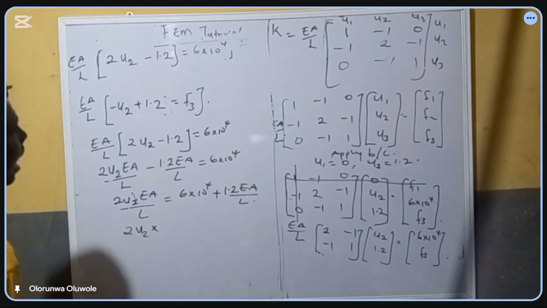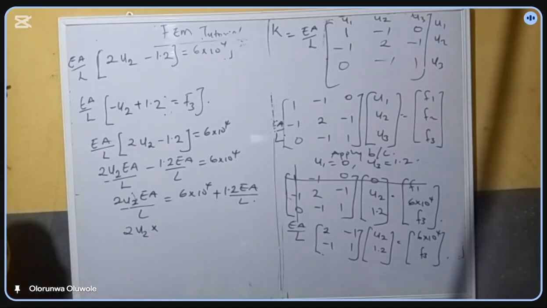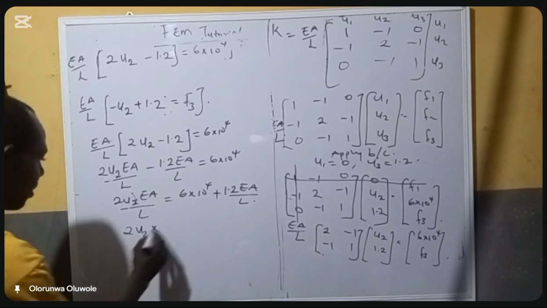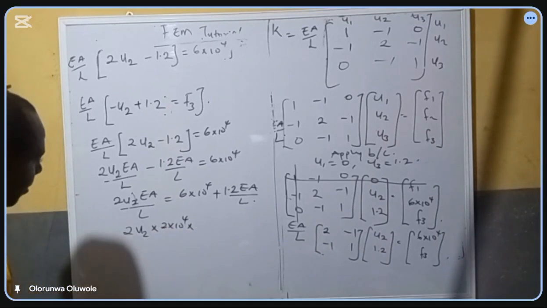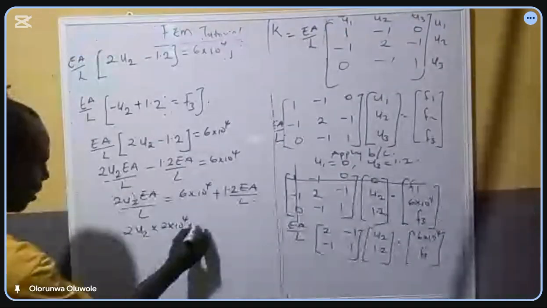What is the value of E that I wrote before, please? 2 times 10 to the power 4. What is my A? 250.